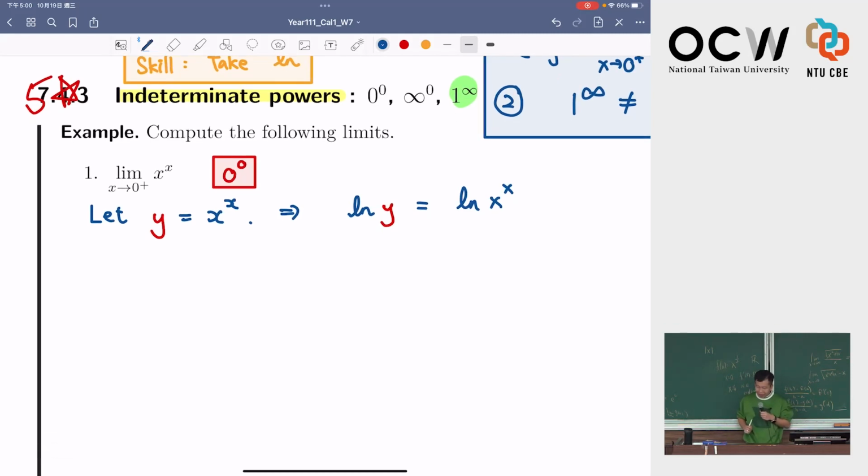But why do I want to take logarithm? It's because I want to abuse an advantage of logarithm, that I can move the exponent to the front. So I will get log of y equals x log x.